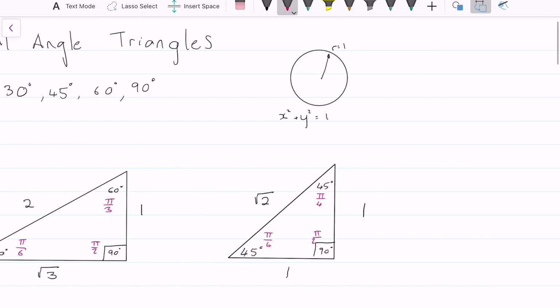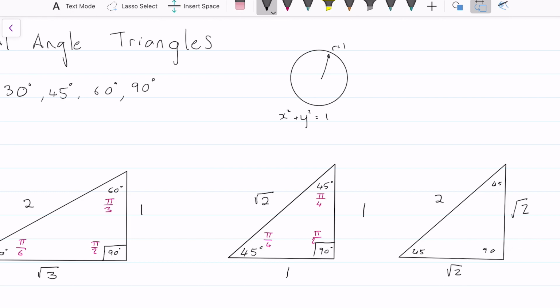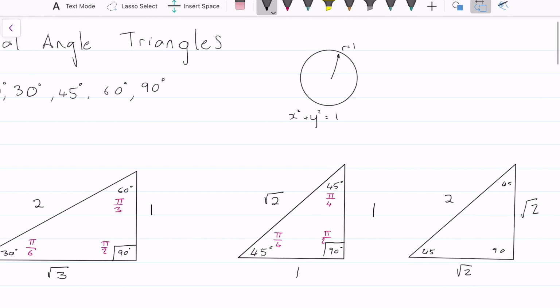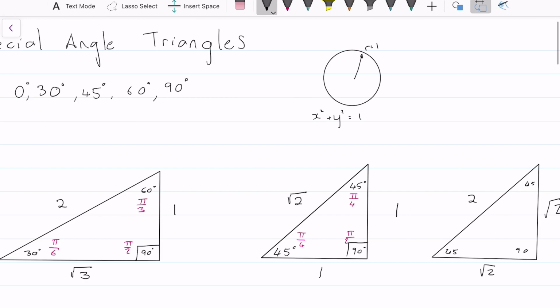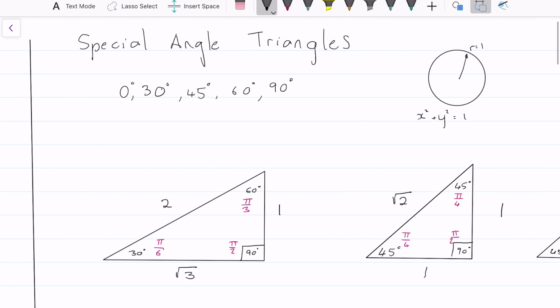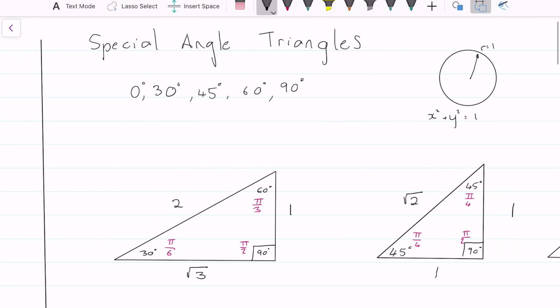The second triangle can actually be redrawn like this, with 45, 45, and 90, and sides 2, square root of 2 and square root of 2. You can pick whichever one you want to use. Both of them are essentially the same thing. But for now, I'll use those triangles.